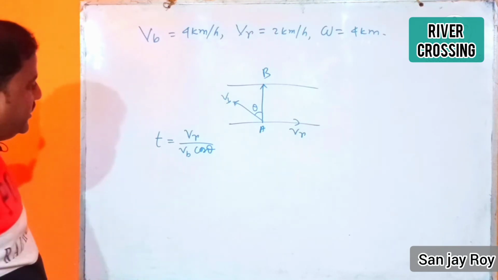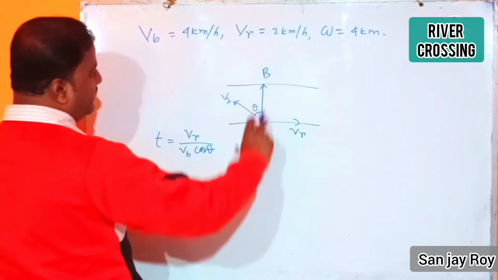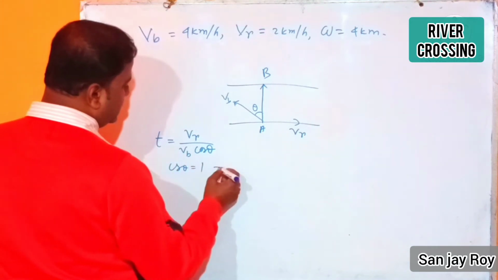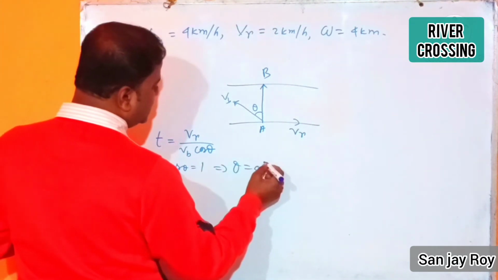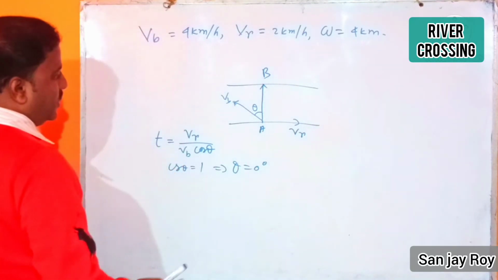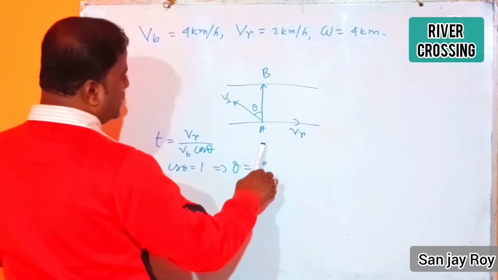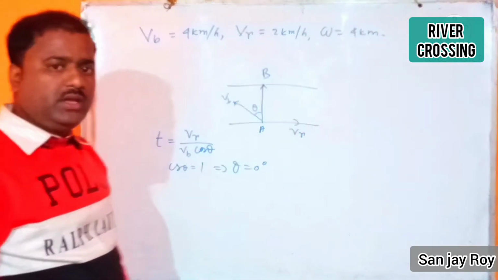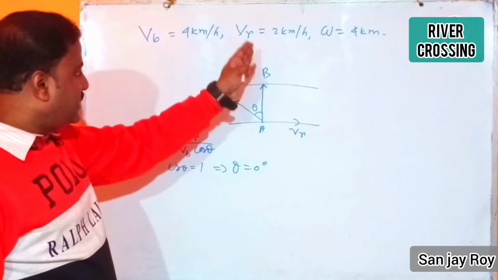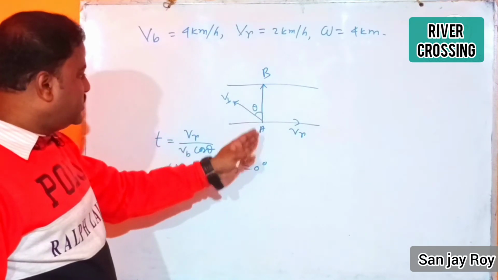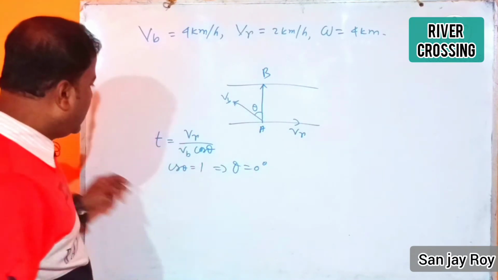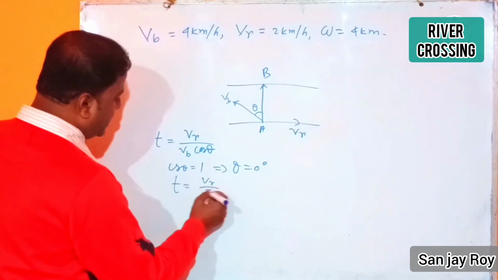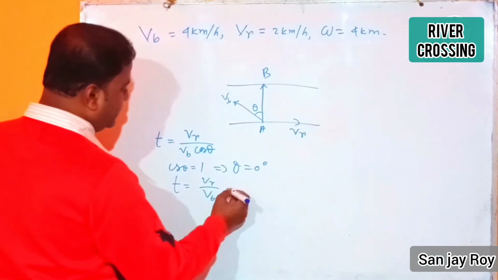Now t will be minimum if cos theta equal to 1, that is theta equal to 0 degree. Theta is 0. This means the boat moves along the direction AB. If the boatman moves along the direction AB, then it will take the shortest time. And this shortest time t equal to W by Vb.